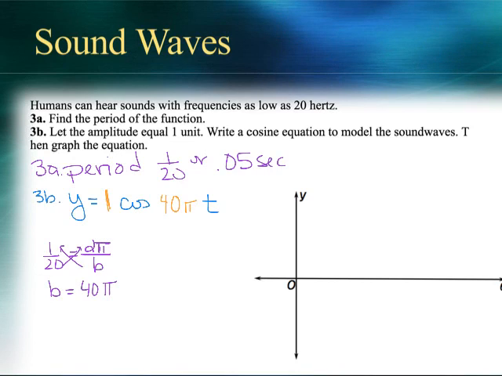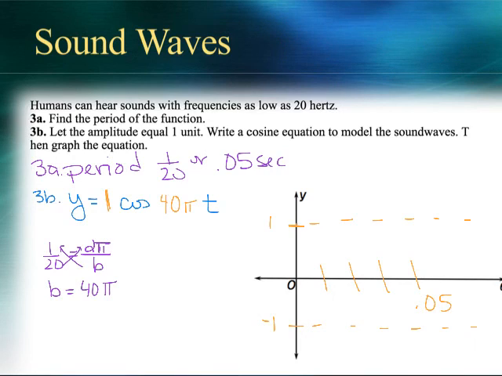So let's go ahead and graph this. So it goes off 1, 2, 3, 4 units, and in 0.05 seconds, which is that 1/20th, our cycle will stop. And this is amplitude of 1. So I'm going to go ahead and draw my asymptotes per se.